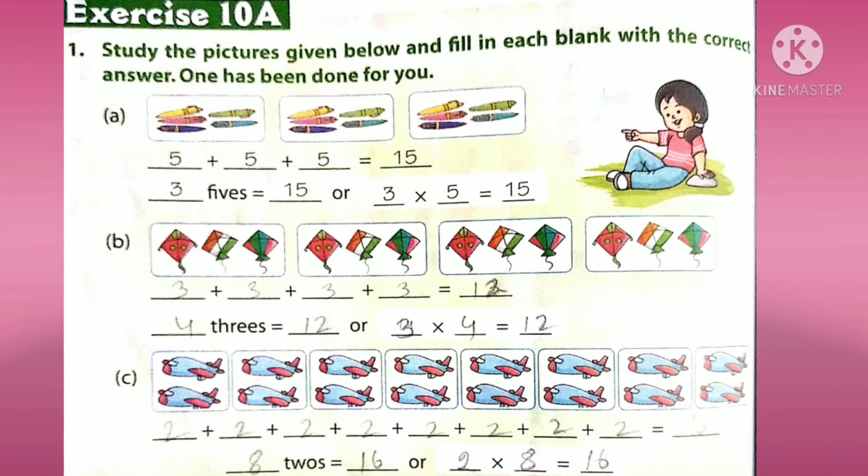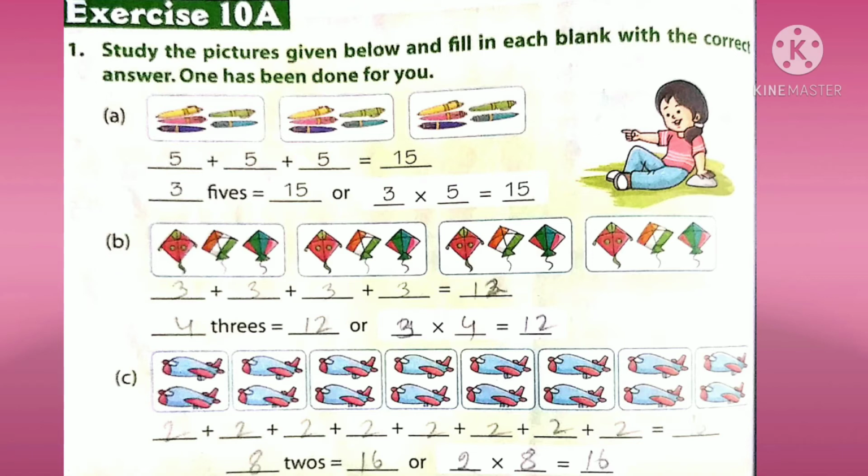There are 4 boxes, and in each box there are 3 colorful kites. So we are going to write 3 plus 3 plus 3 plus 3 equal to 12. 4 3s are 12, or 3 into 4 is 12.